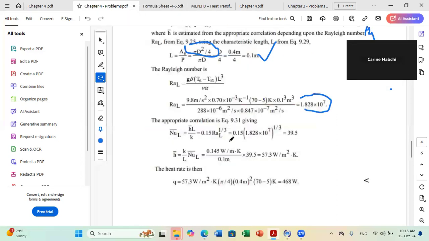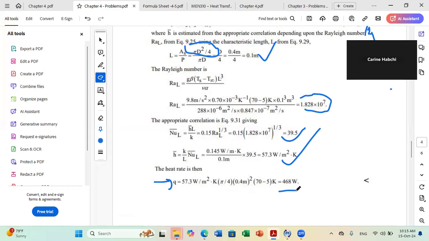Okay, so now we evaluate the average Nusselt. From the average Nusselt, we evaluate the average coefficient. And then we can compute the value of the heat loss from the oil. After calculation, it's 468 watts.